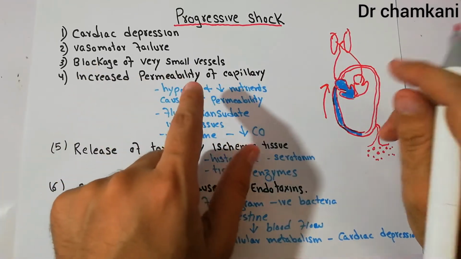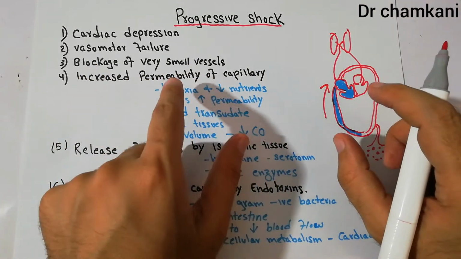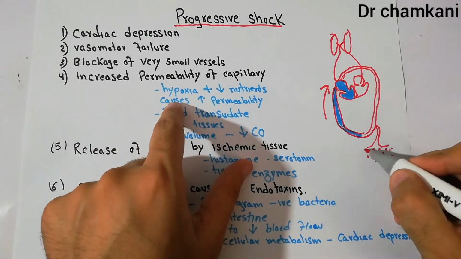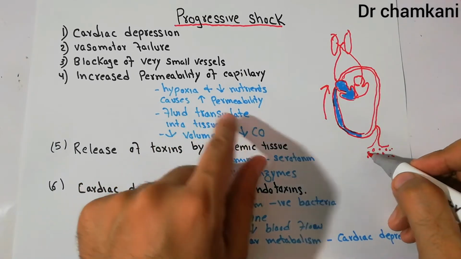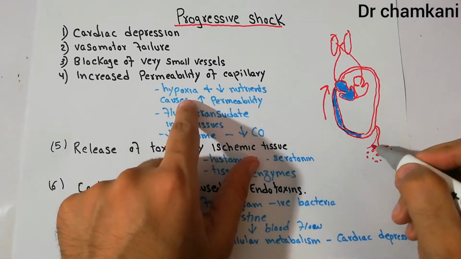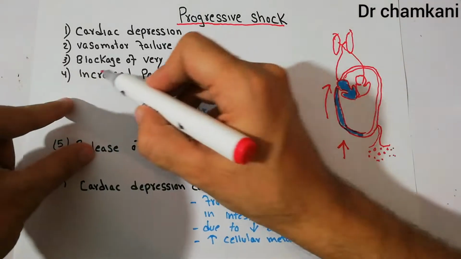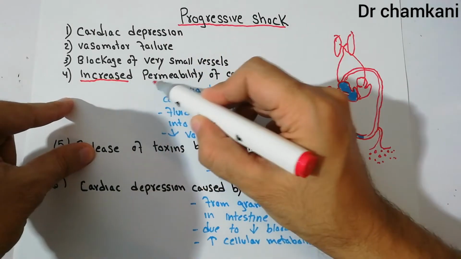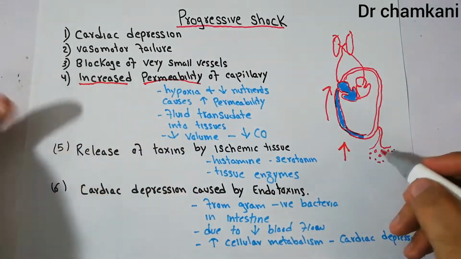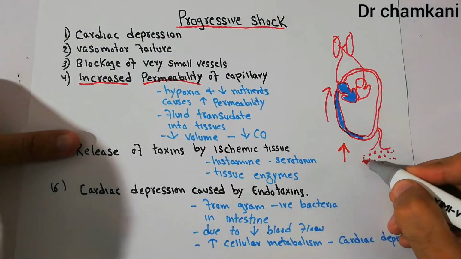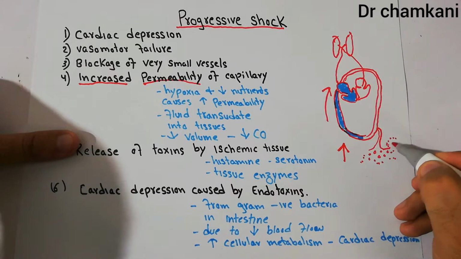Now what happens in shock, when the severity of the shock is very high, is that the capillaries, the small blood vessels, their permeability increases. When the permeability increases, the fluid coming out of the capillary increases.